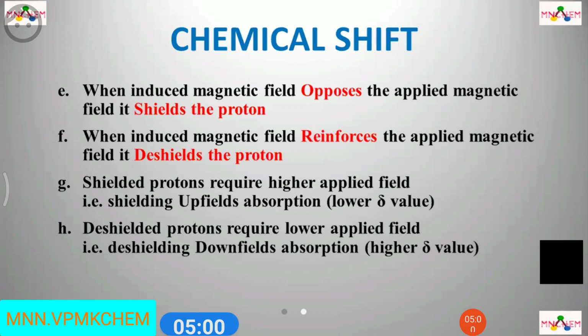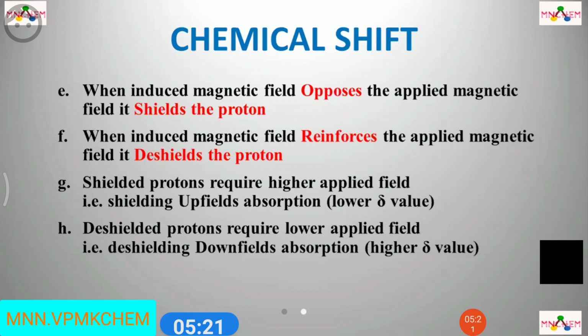When the induced magnetic field opposes the applied magnetic field, it causes shielding of the proton. Whereas when the induced magnetic field reinforces the applied magnetic field, it causes de-shielding of the proton.